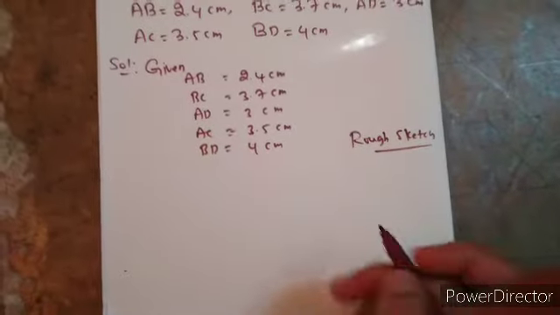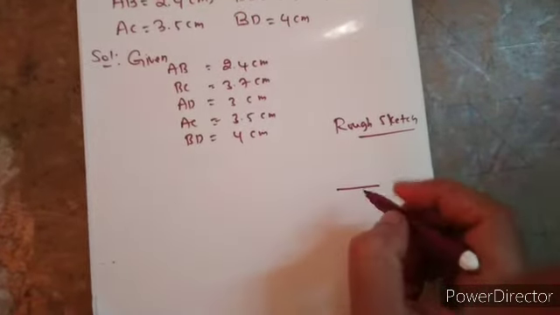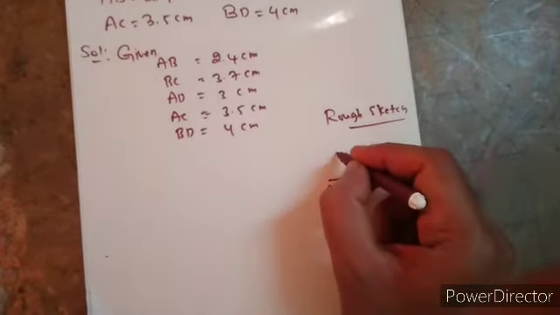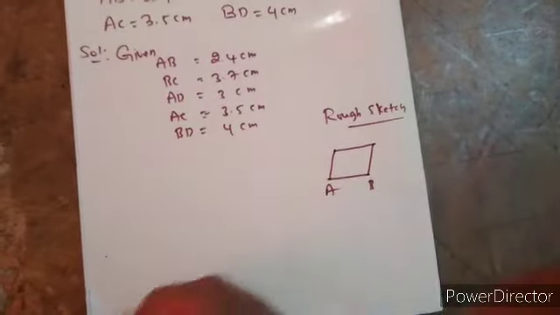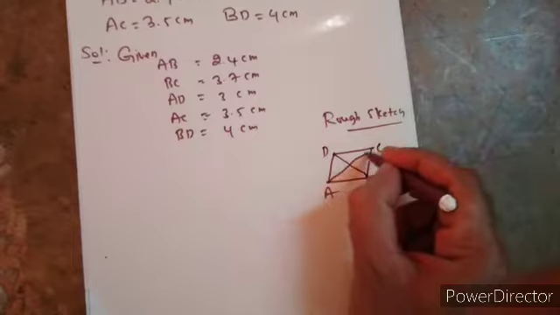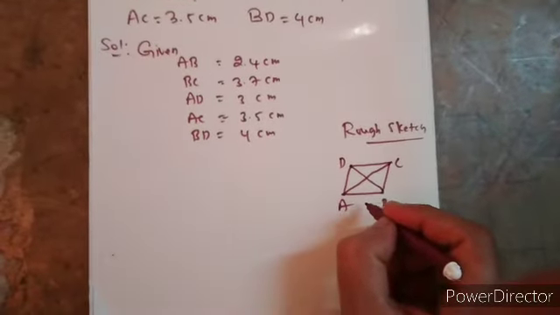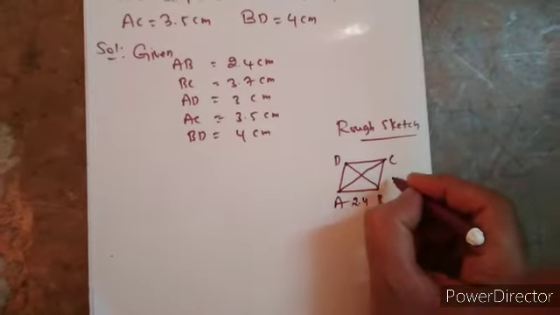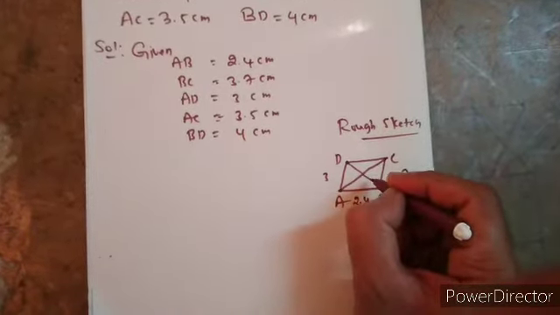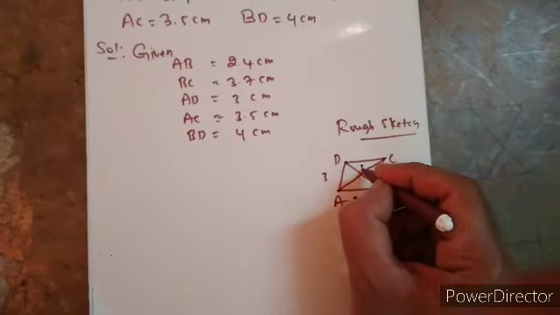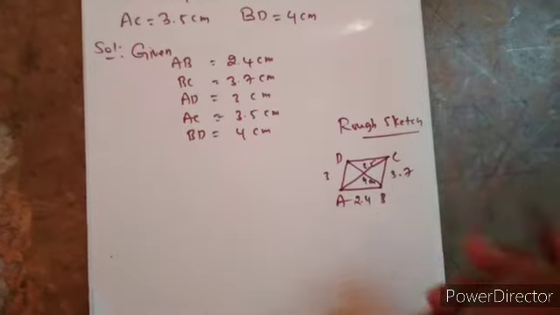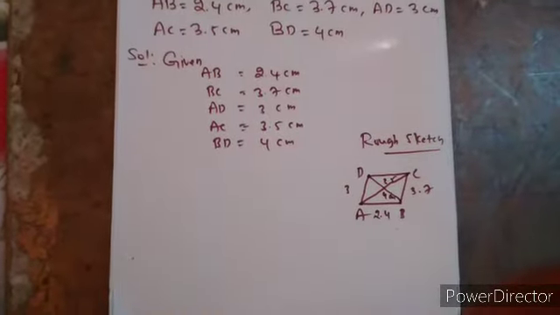ABCD is a quadrilateral, and two diagonals are given. We have to show them in the rough diagram, and you can label the measurements. AD, and AC 3.5, and this is BD 4 centimeters. That's it. That is the rough sketch.